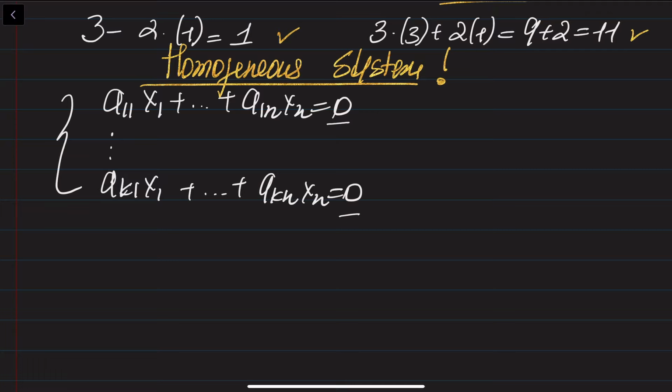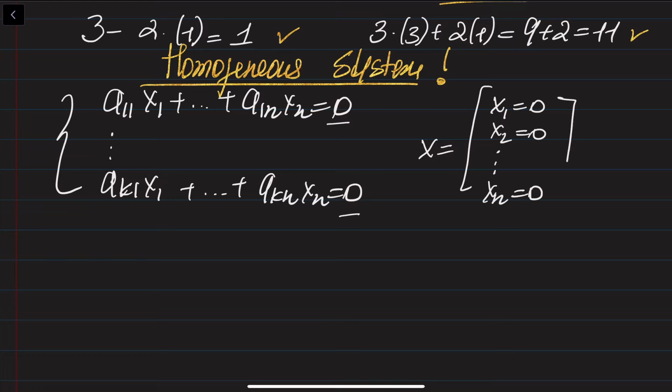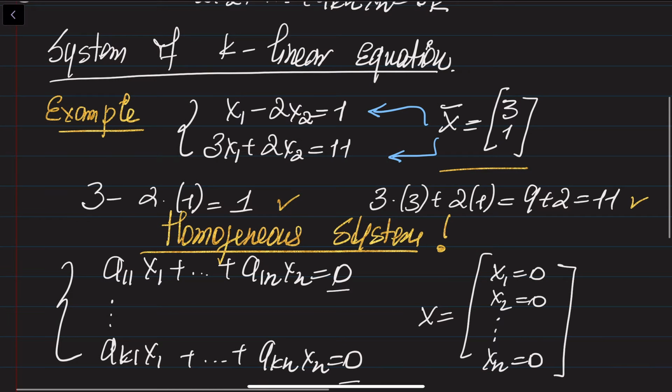And this solution is simply all of the variables equal to 0, so x1 is equal to 0, x2 is equal to 0, and so on, xn is equal to 0. Please note that this is not a solution for any system of linear equations, right? So this is not a solution for a non-homogeneous system of linear equations.